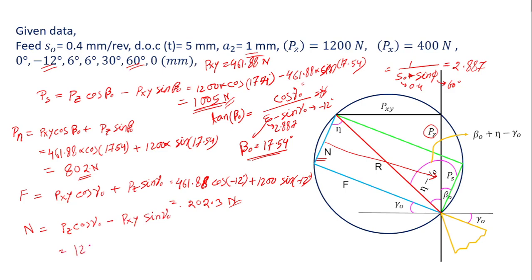Let us once again put the values: 1200 into cos of minus 12 degree minus 461.88 sine of minus 12 degree, and if you solve this, you will get the value around 1269.8 Newton. So these are the values you want: Ps, Pn, F and N.